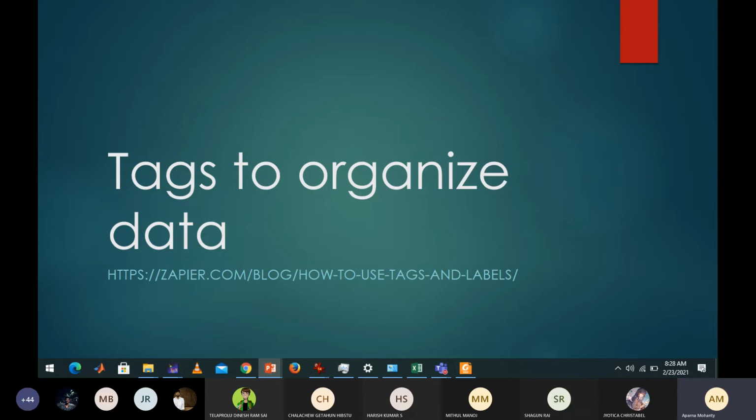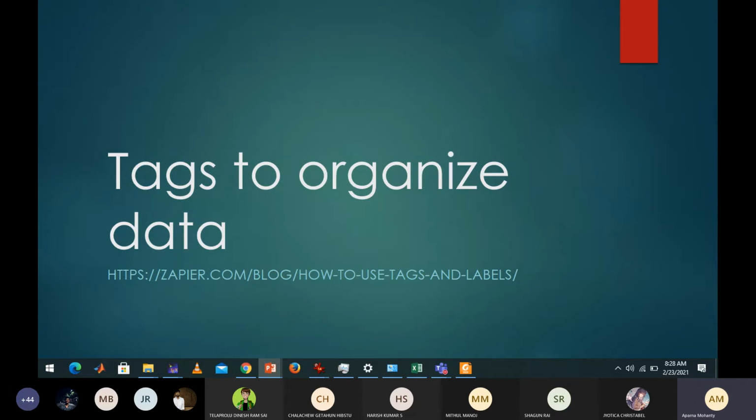Suppose you search with a certain tag, like celebrating Diwali or Holi, you will get your posts. That way your searching becomes faster. Because of that reason we go for tagging.